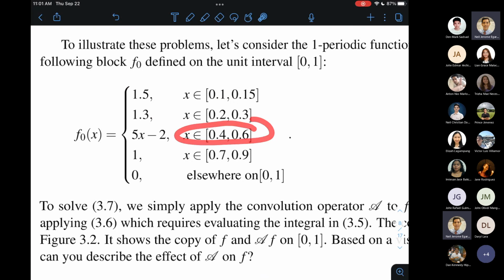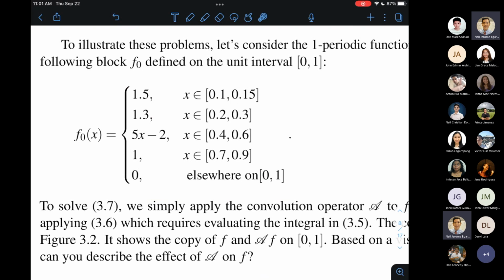From 0.4 to 0.6 it equals 5x minus 2. From 0.7 to 0.9 it equals 1. Then elsewhere, in the interval 0 to 1, its value is 0. Okay? So this is the function f sub 0. And then the input function f is basically copies of this function.